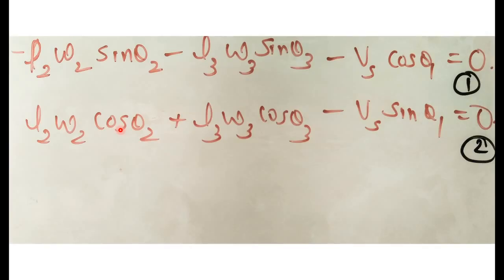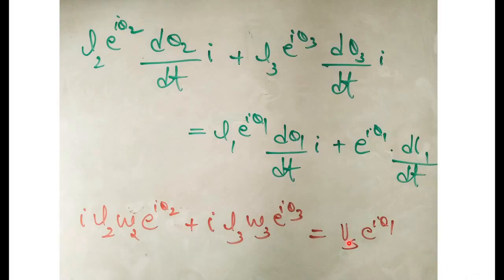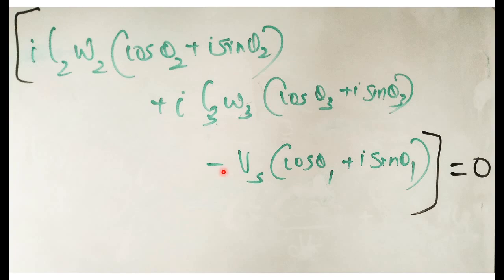Then if you separate the real part and equate to 0: one more thing, here Vs is on the right hand side, so I take it to the left hand side, so there will be a minus sign, and the right hand side becomes 0. So the real part will be minus L2 omega 2 sin theta 2.